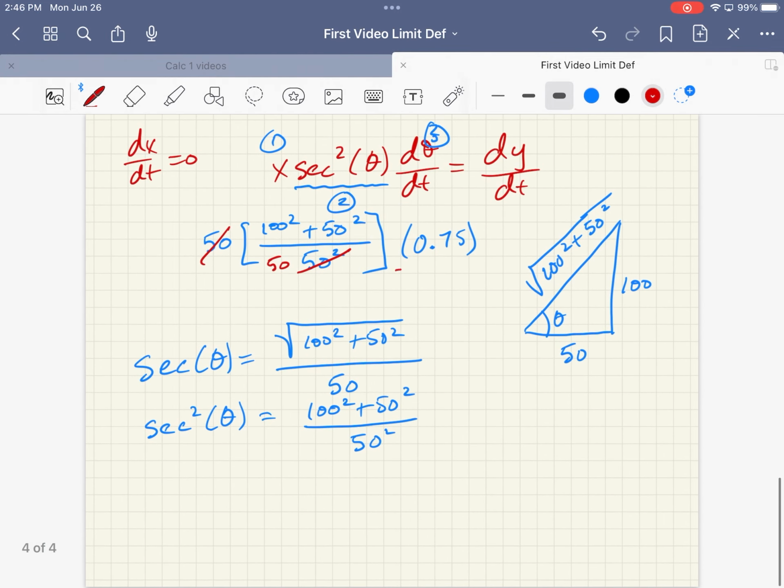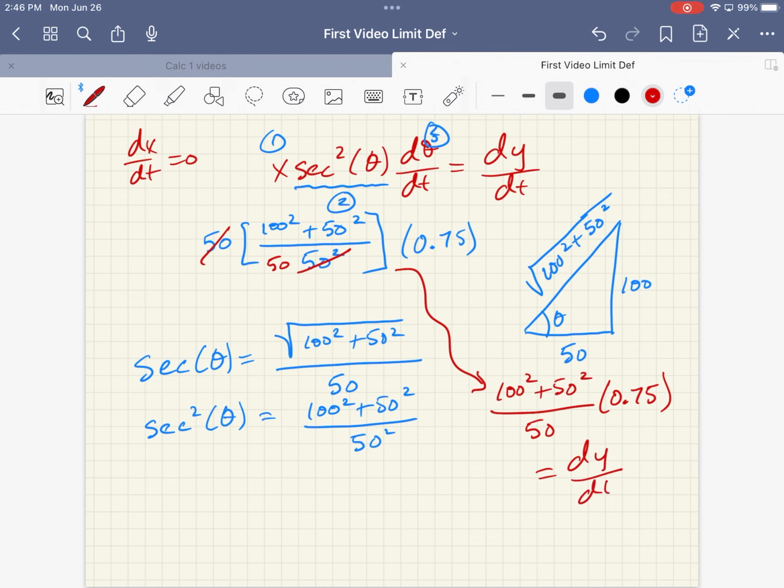And so what I wind up with is 100 squared plus 50 squared divided by 50 times 0.75, and that is equal to dy dt. And when we do this, we wind up with 187.5, and that would be measured in feet per second.